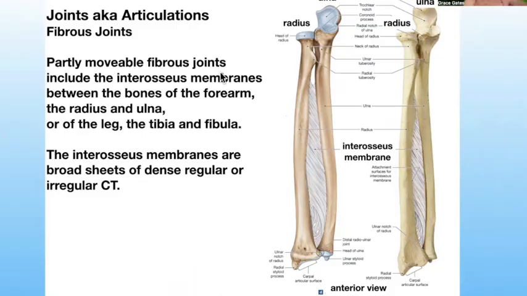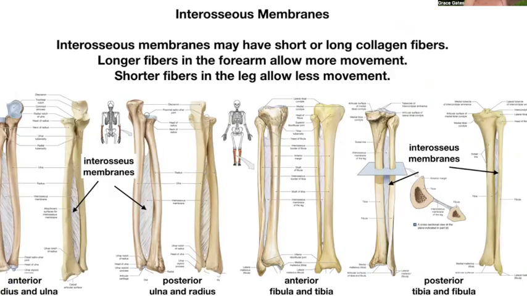They act as attachment sites for muscles, and the flexibility of the interosseous membranes is greater in the forearm than it is in the leg, which makes sense because our radius rotates over our ulna in order to go from a position of supination in anatomical position to a position of pronation.